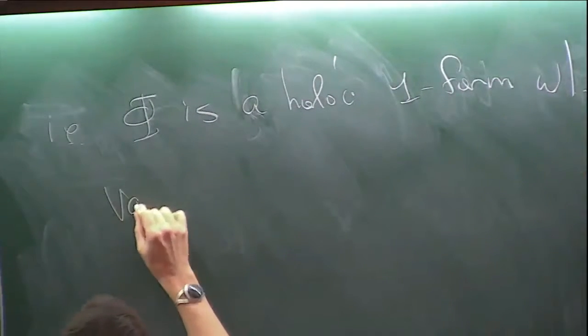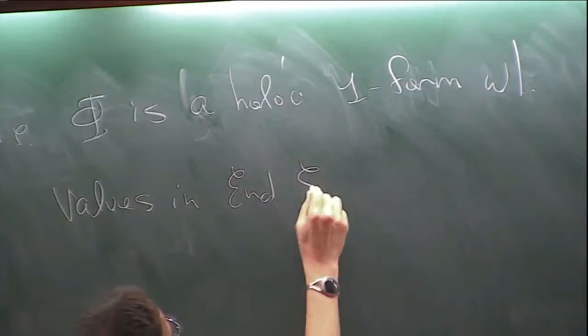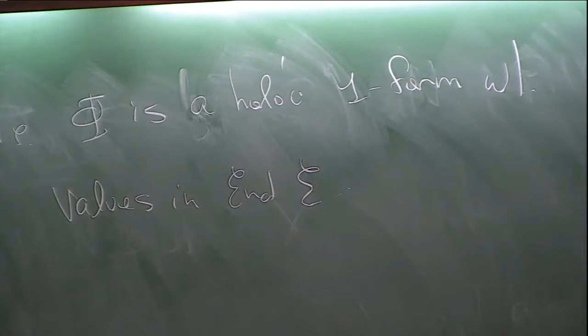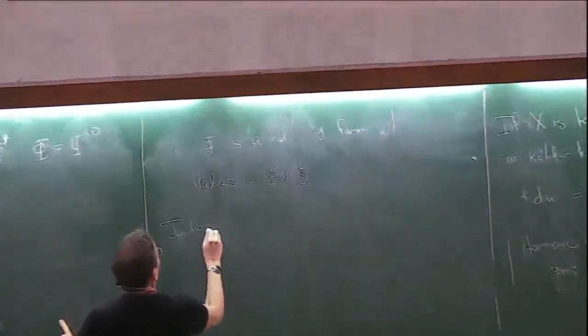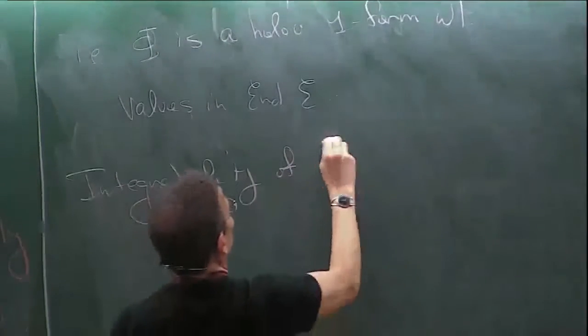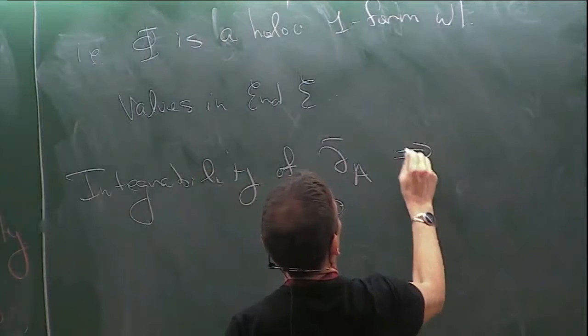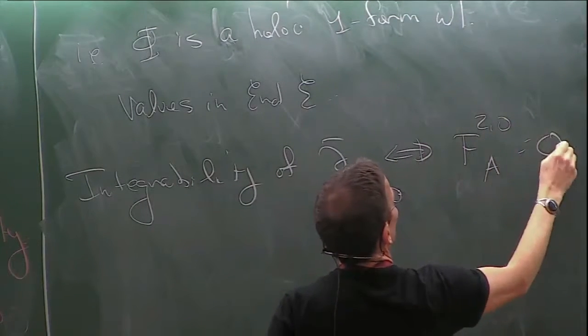with values in the endomorphism bundle of E, but this makes sense as long as the endomorphism bundle of E is actually a holomorphic bundle, so we'd like this d-bar operator here to be integrable. And so integrability of d-bar A is the same thing as saying that the 0,2 or 2,0 part of the curvature is 0.